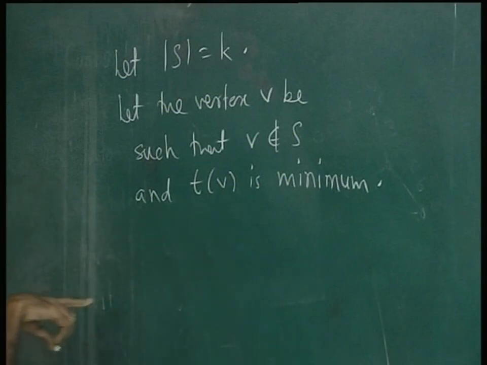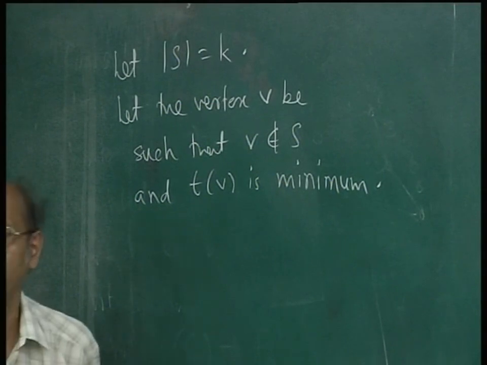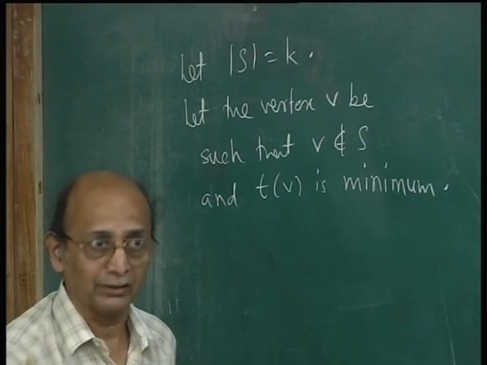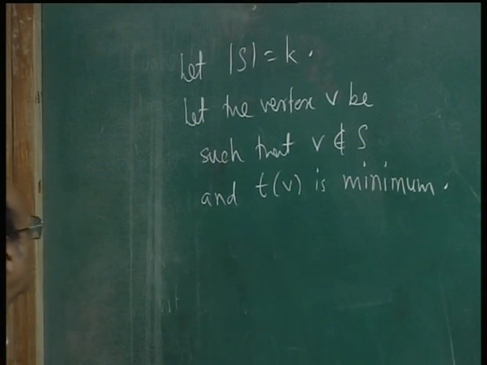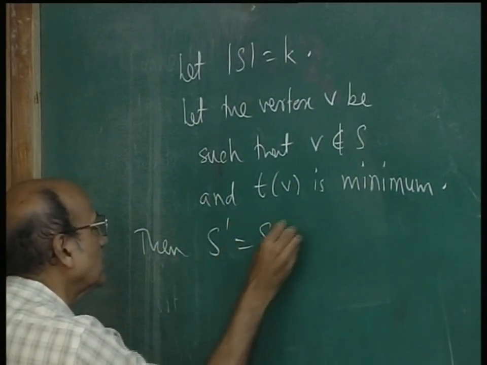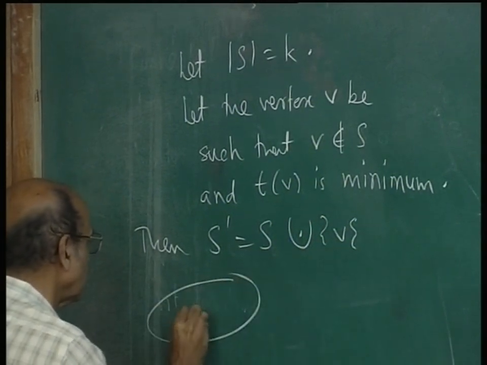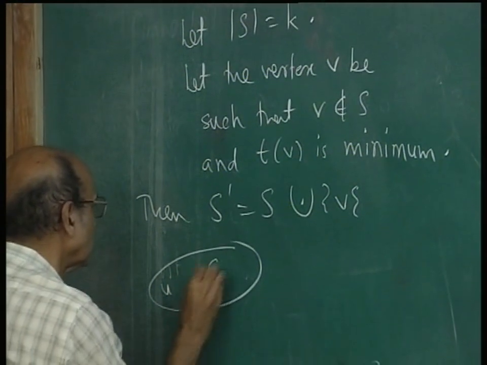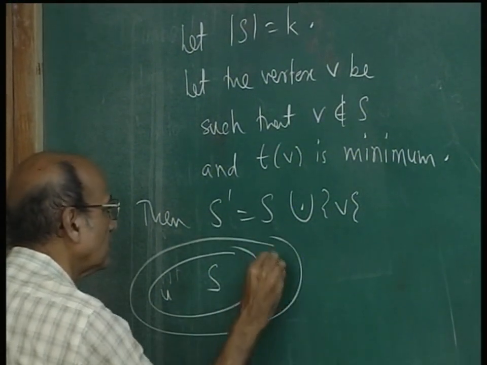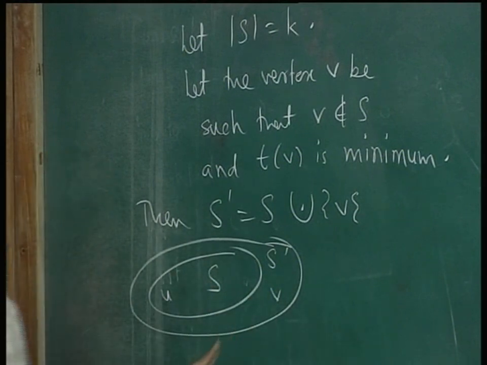Note that if there is a tie, if there are lots of V's for which T of V has the same value, then you choose any one of them, it doesn't matter. Then a new vertex is added.